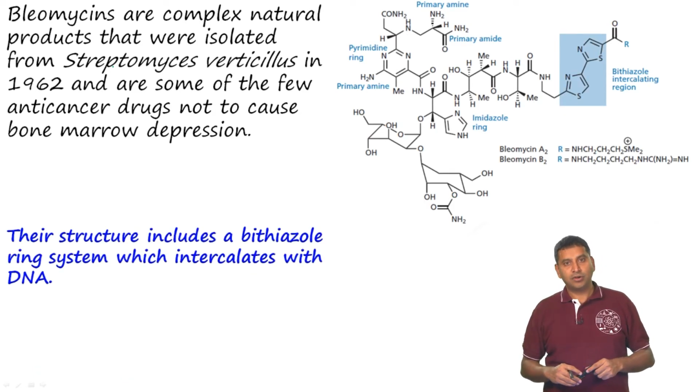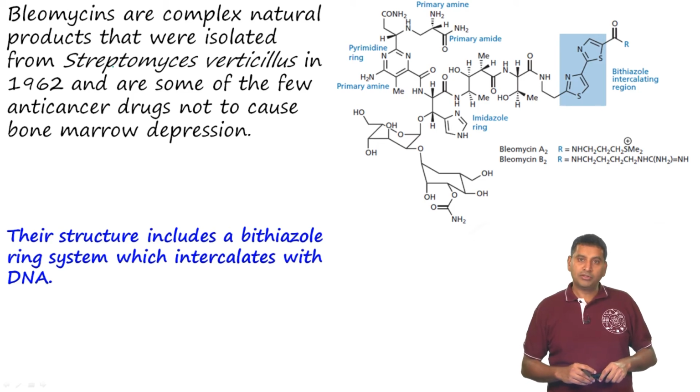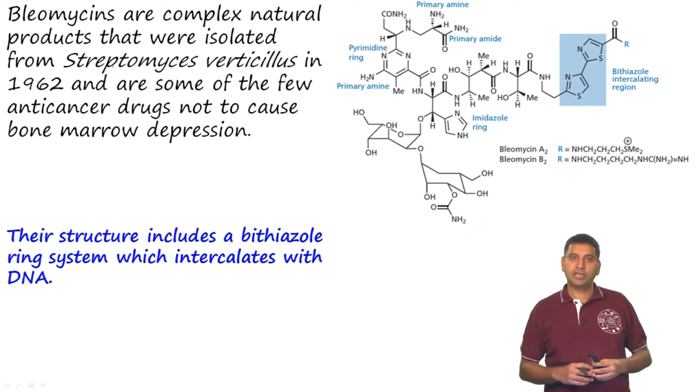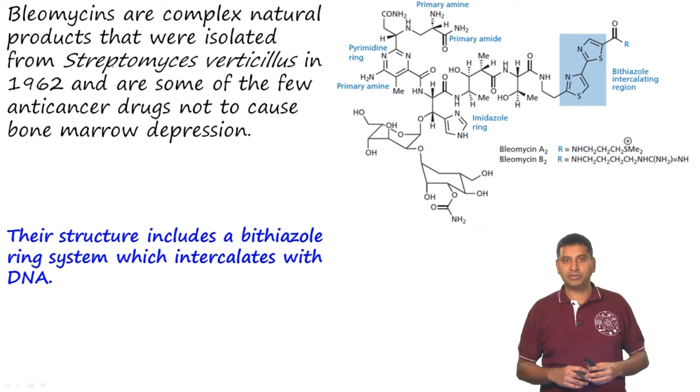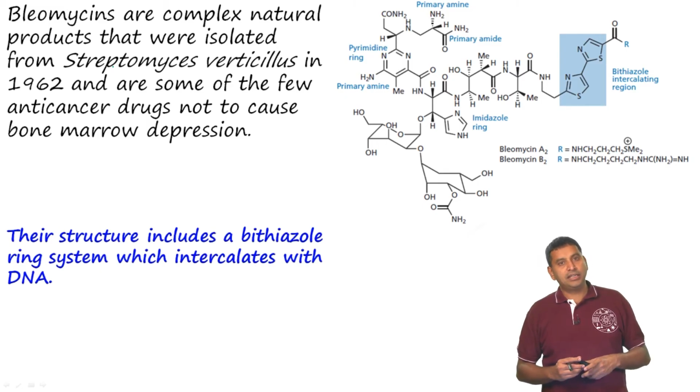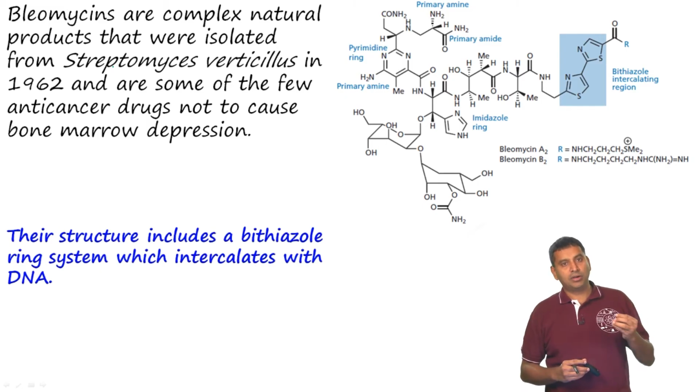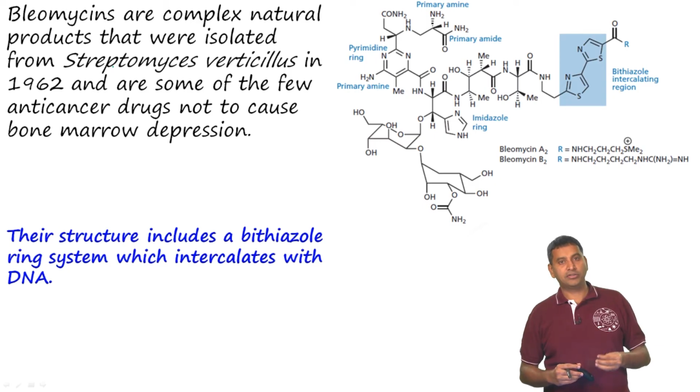The next class of DNA interacting agents are bleomycins. Bleomycins, as you can see, are complex natural products, and they were isolated from Streptomyces species in 1962. They are among the few anti-cancer drugs that do not cause bone marrow depression.